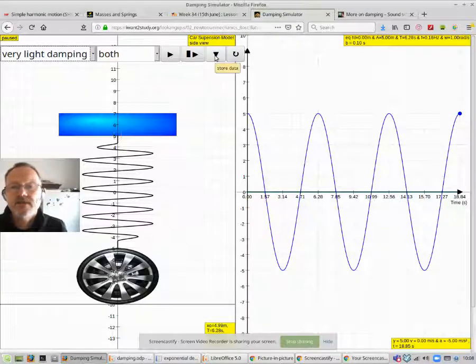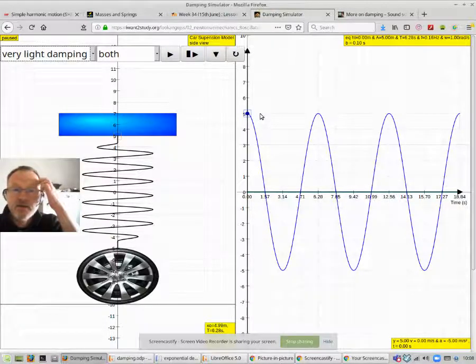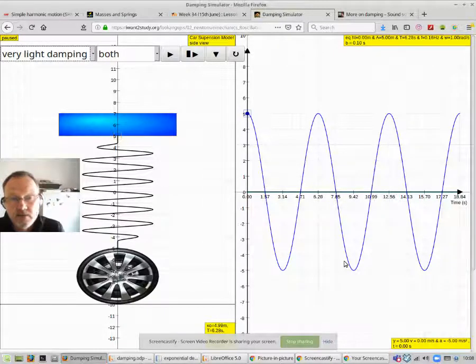And I will add it on top of the graph that we've already got here. So draw a sketch of how you think the very light damping might be different to the graph that's shown here. Okay, so pause your video now and sketch how you think the very light damping might compare to the one we've got here.